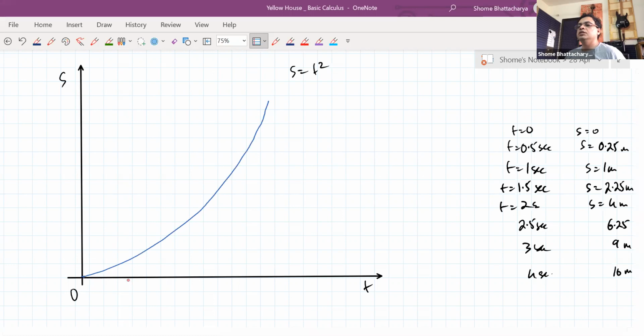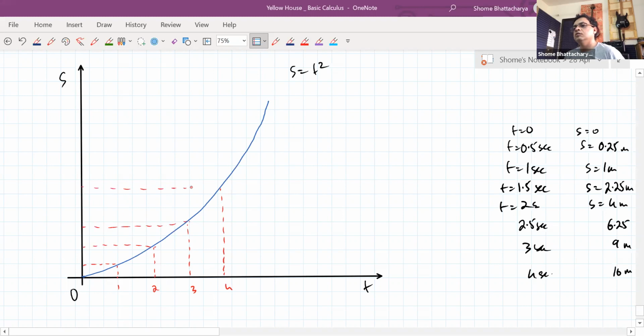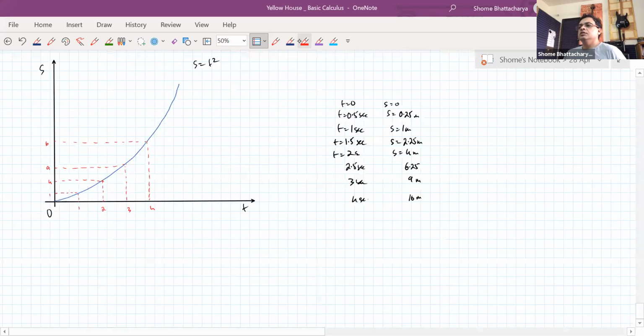Let's say this was 1 second, this was 2 seconds, this was 3 seconds, and this was 4 seconds. So this is roughly speaking what the graph is like.